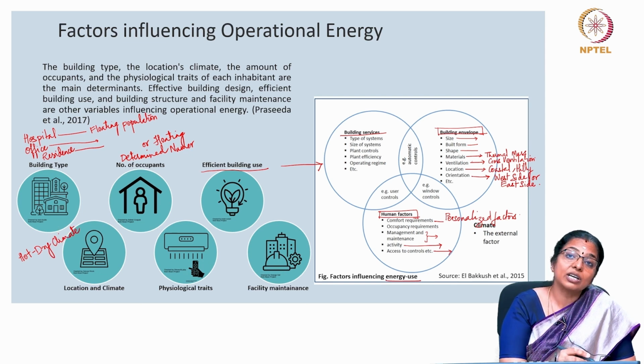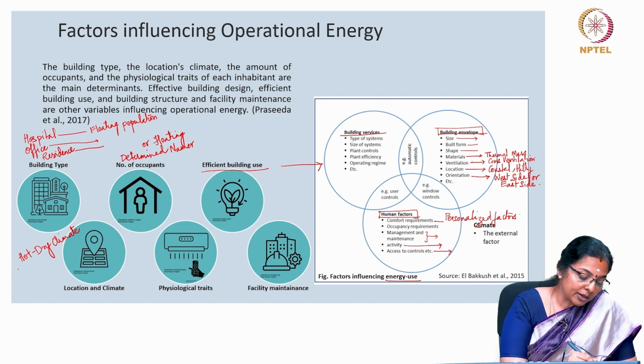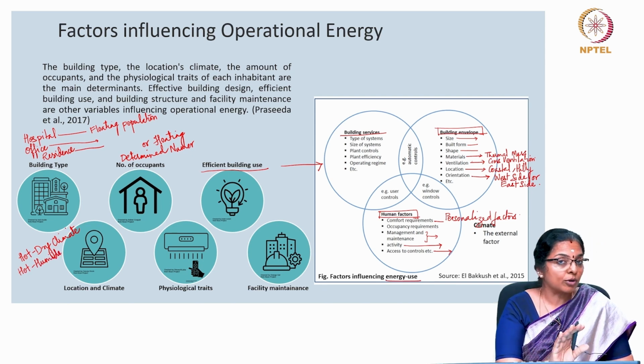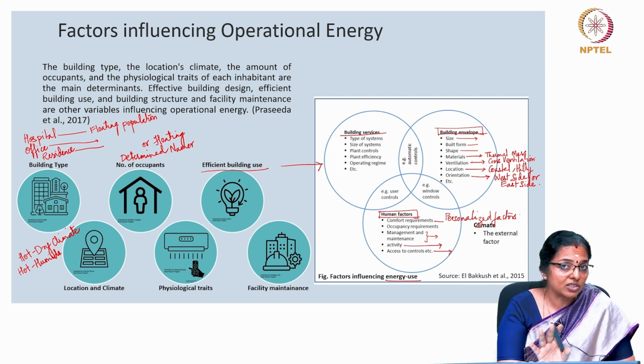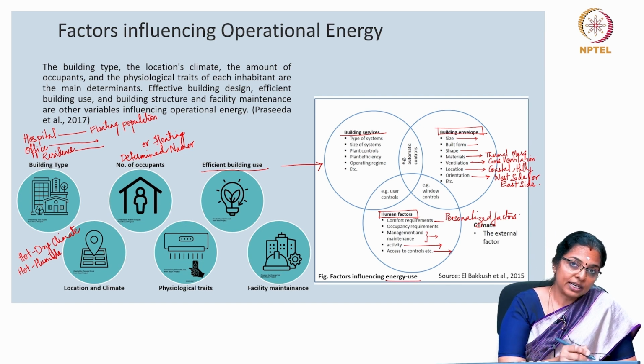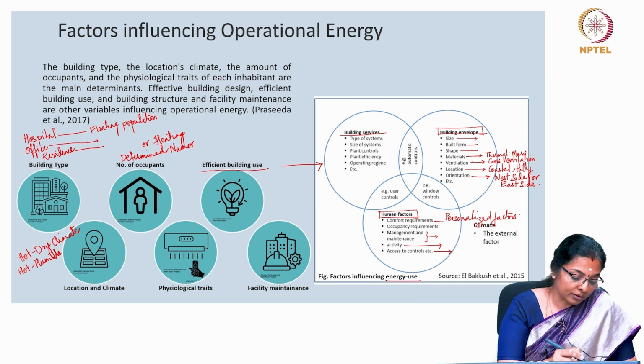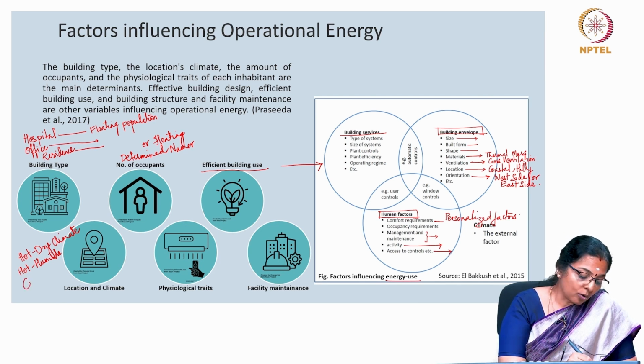If the building is not designed to do it, you can have a hot humid climate where air conditioners, I am talking only of contraptions, I am not talking of bioclimatic strategies at this stage. In a hot humid climate you need air conditioners, and in cold climate you need heaters.